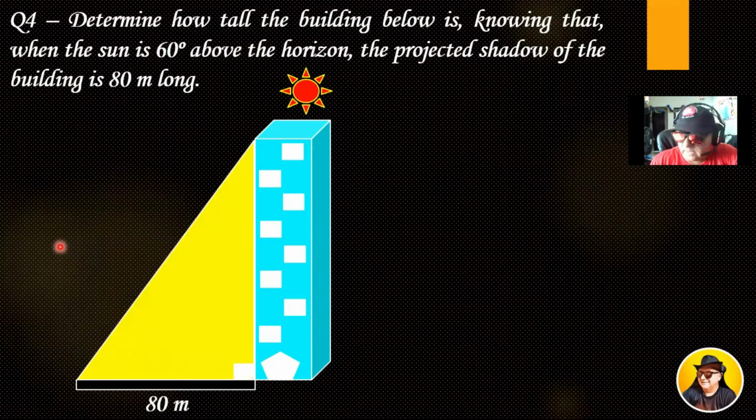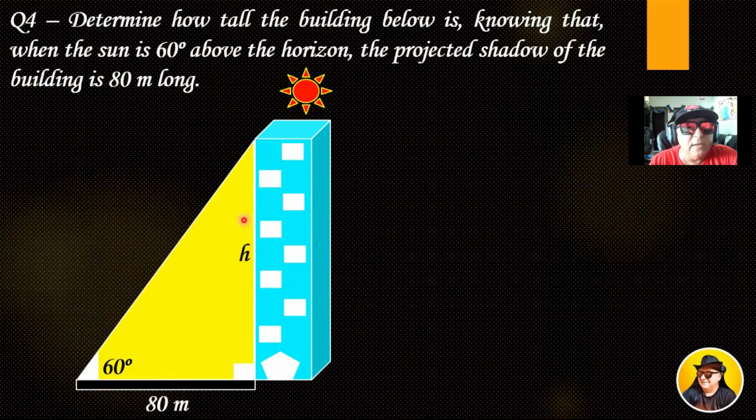Okay, let's see. The angle is 60 degrees, and we want to know how tall the building is. Don't forget, we have to find if it is a sine, a cosine, or a tangent. We want to know this.